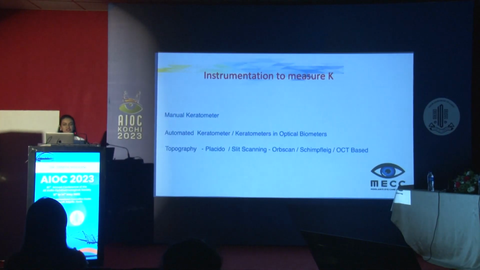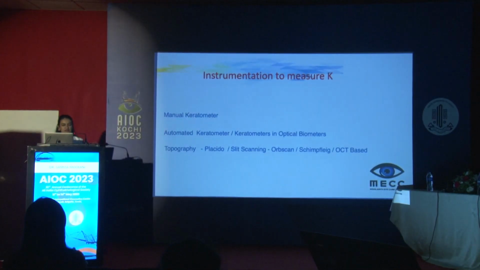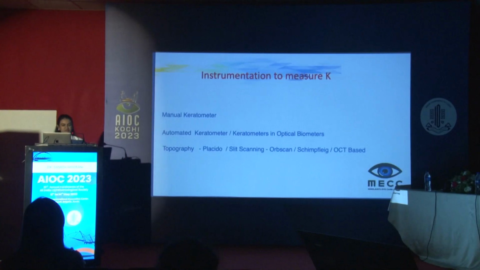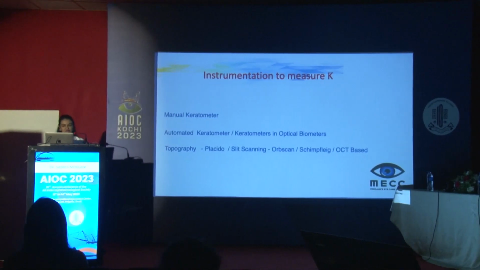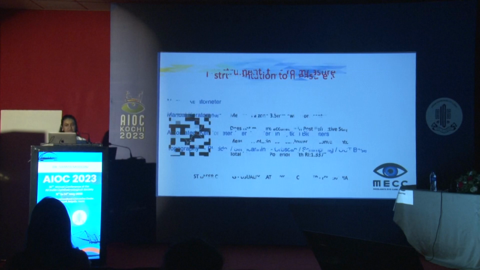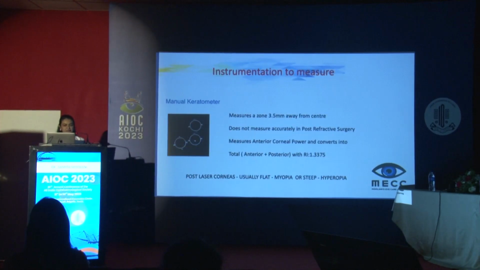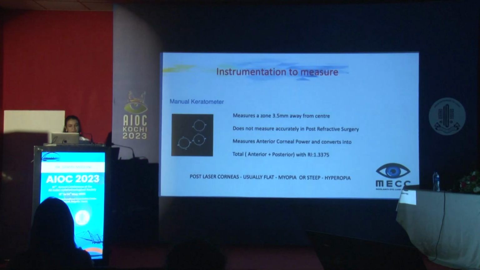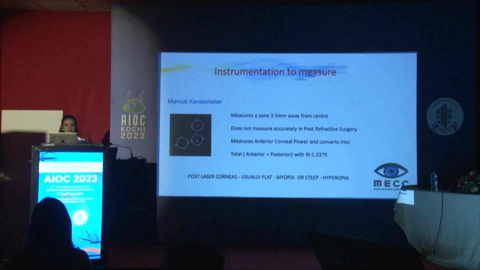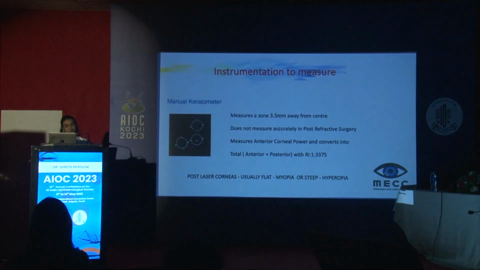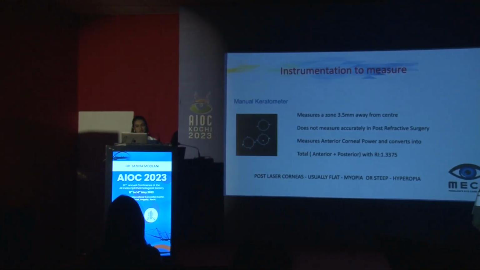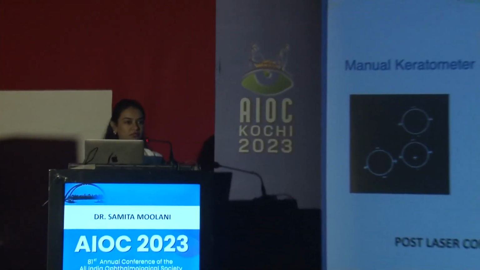So how do we normally measure the K readings? Either manual keratometry or automated keratometries, or topographies, which are Placido, slit scanning, Scheimpflug, or OCT based. So these are the various ways. The issue with manual keratometry is that it measures a zone that is 3.5 millimeters away from the center, but it doesn't measure the post-refractive surgery corneas correctly, and it measures the anterior cornea power and converts it into a total power.